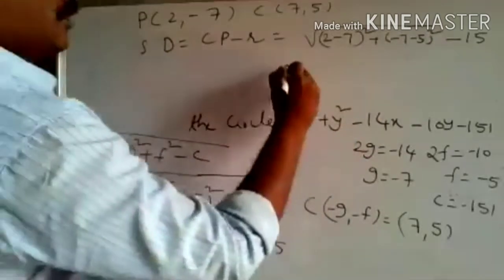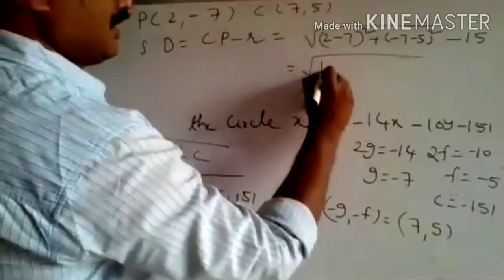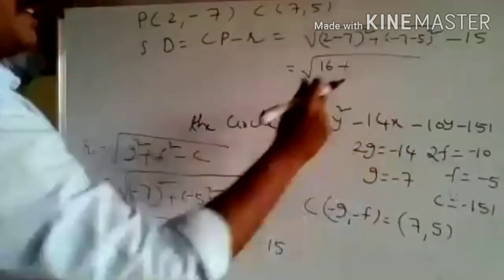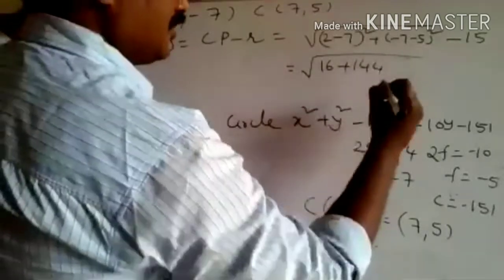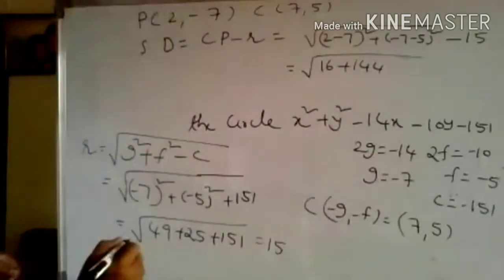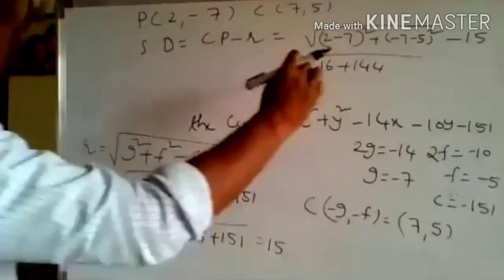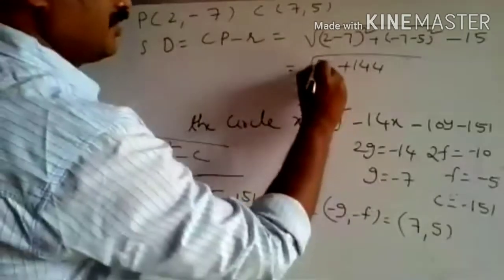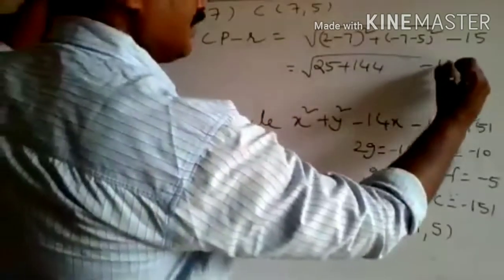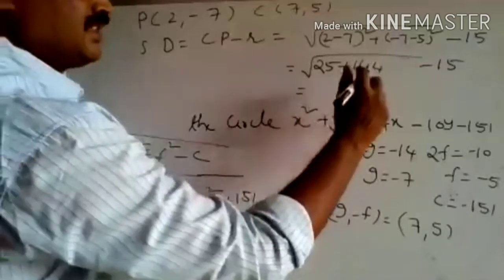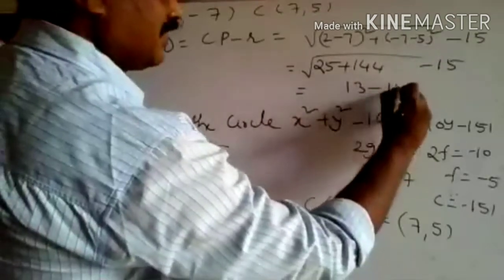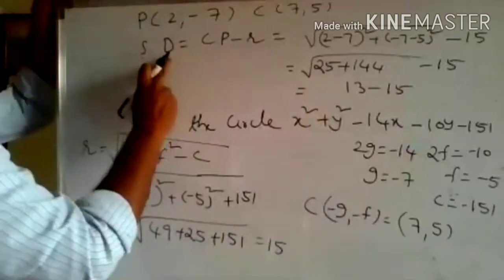2 minus 7 is minus 5, and its square is 25. Minus 7 minus 5 is minus 12, and minus 12 whole square is 144. So 25 plus 144 is 169, and root 169 is equal to 13. 13 minus 15: distance is not negative.